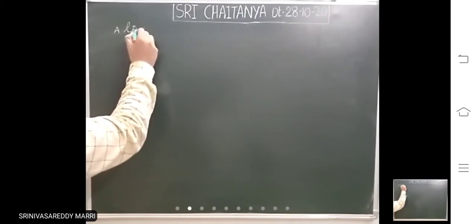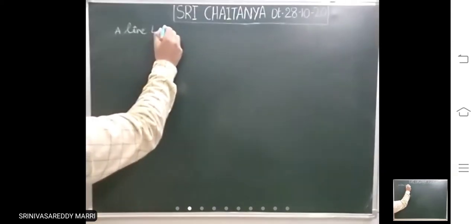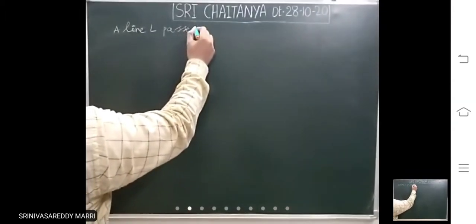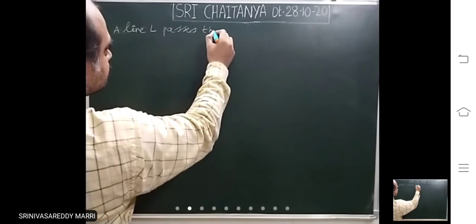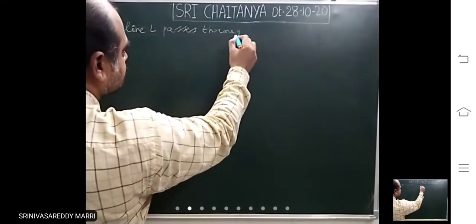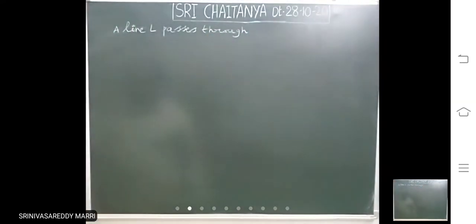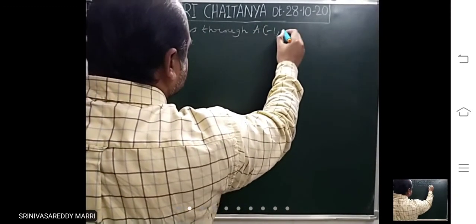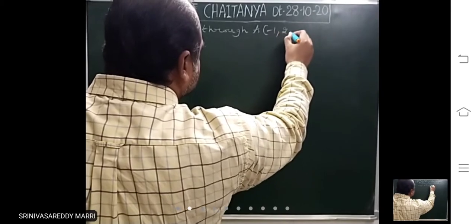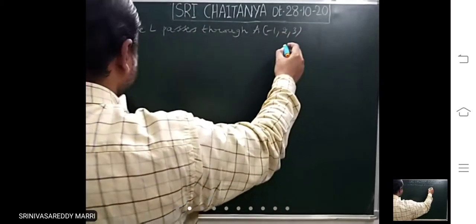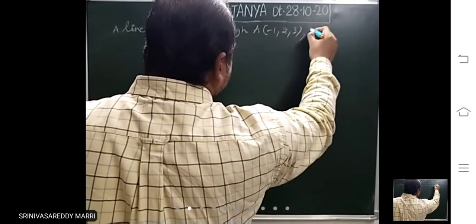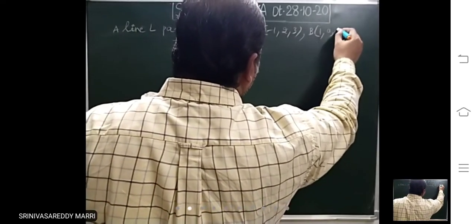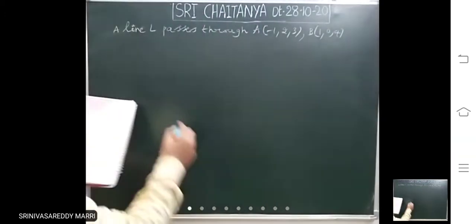A line L passes through the points A (2, 3) and B (1, 0, 4).